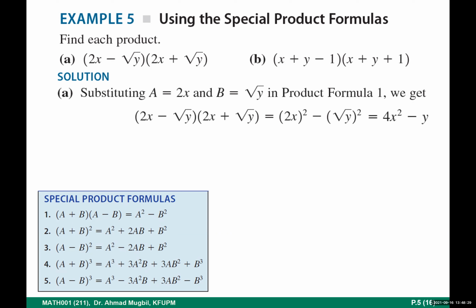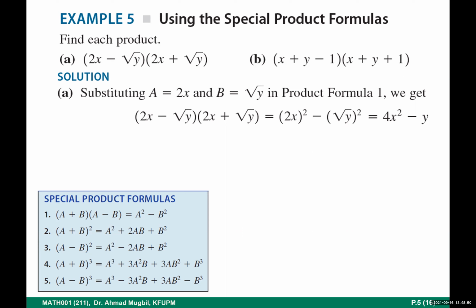What about the second one? Which formula can we use, Shabab? Or is there none we can use? The first one, can we use the first one? What is the principle of substitution? We can use A here.